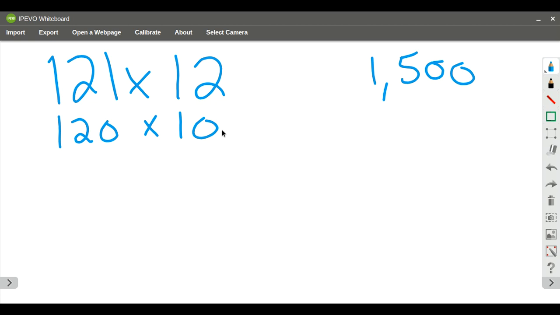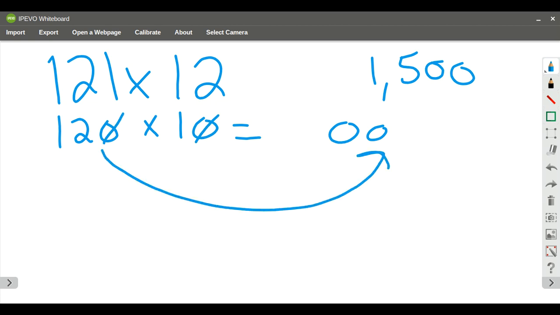So again, I ignore my zeros, right? In fact, I'm just going to put my zeros over here. So 1, 2, great. I've taken care of my zeros. I've moved them over using that multiple of 10 rule. So I can manipulate my zeros by taking them off here and putting them over here for my product. 12 times 1 is going to be 12.